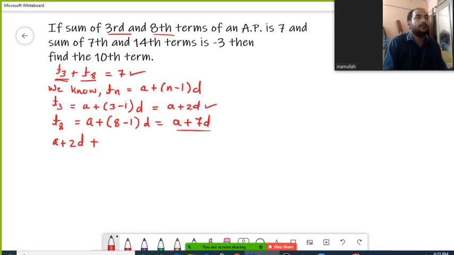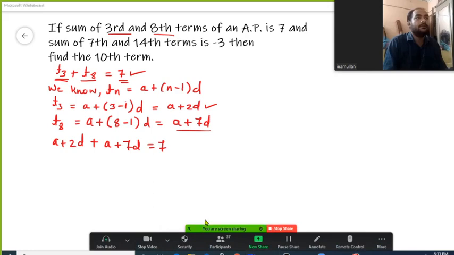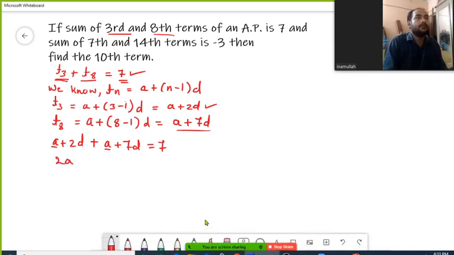T8, that is A plus 7D, which is equals to 7. Now A plus A will give you 2A, plus 2D plus 7D, together they will make 9D. So 2A plus 9D is equals to 7. This is my equation number 1.